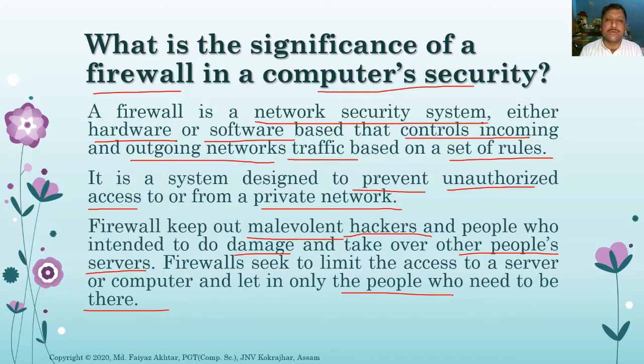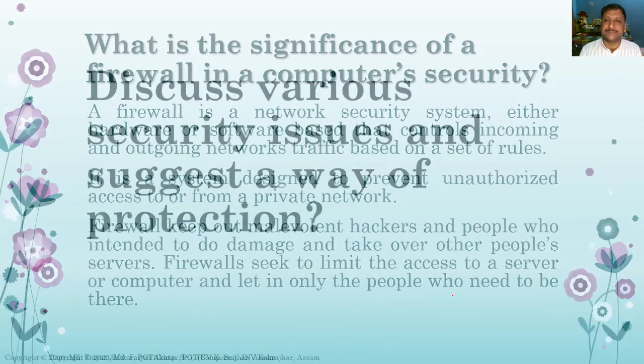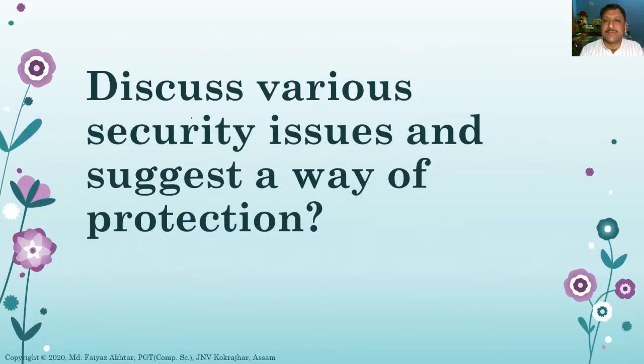However, if you want to make your system more secure, you can purchase a hardware-based firewall system, and even specialized firewall software can be purchased and installed on your computer. Okay, this is possible. Now next, discuss various security issues and suggest a way of protection.